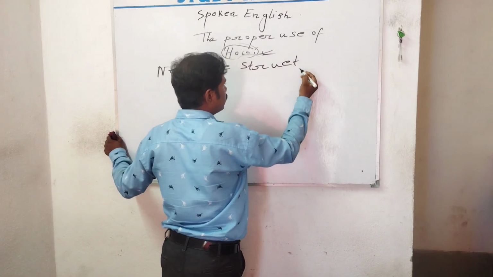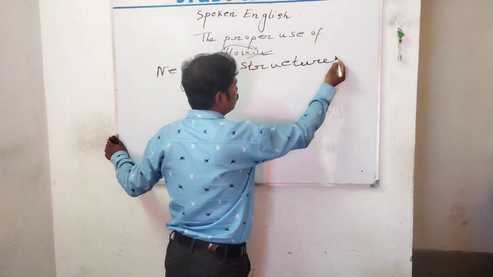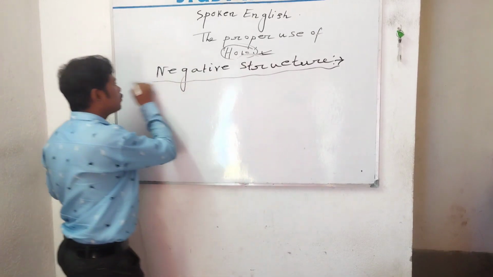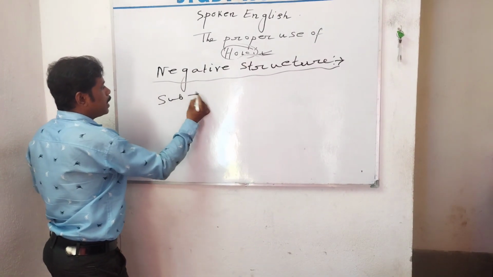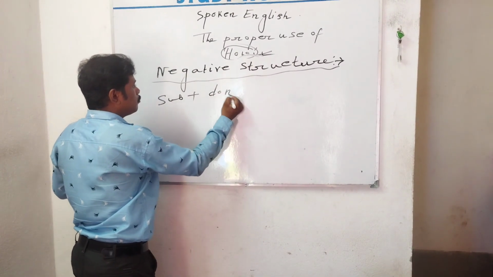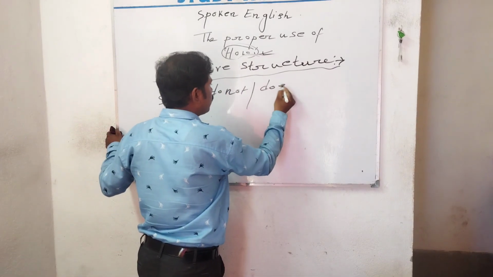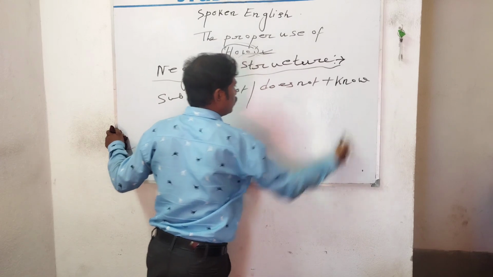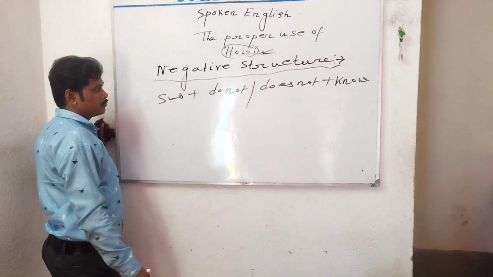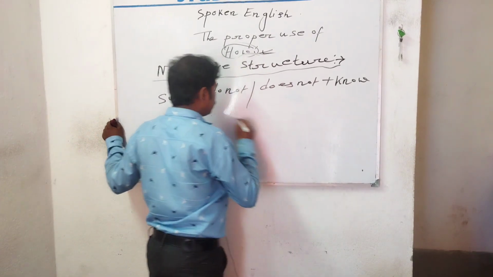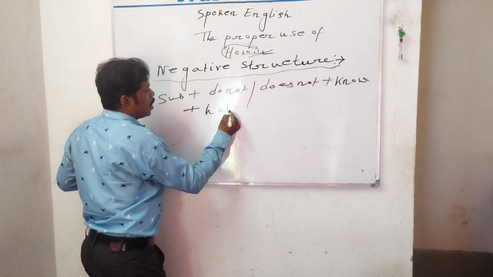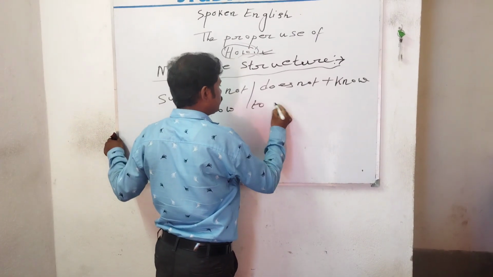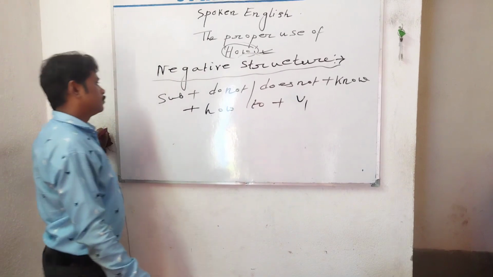Negative structure: subject plus do not or does not plus know plus how to plus V1.